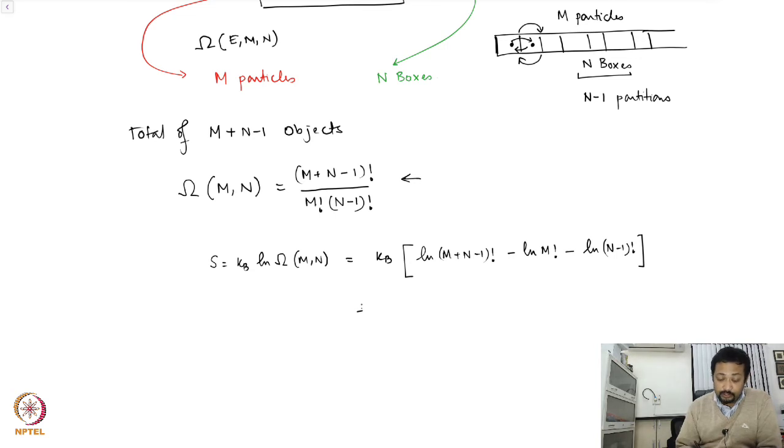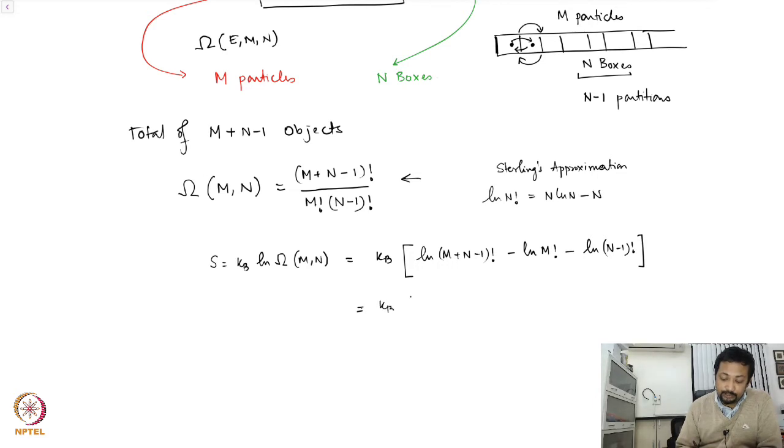If I now use Stirling's approximation, if you recall, it essentially approximates the log of a factorial for large enough n as n ln n minus n.